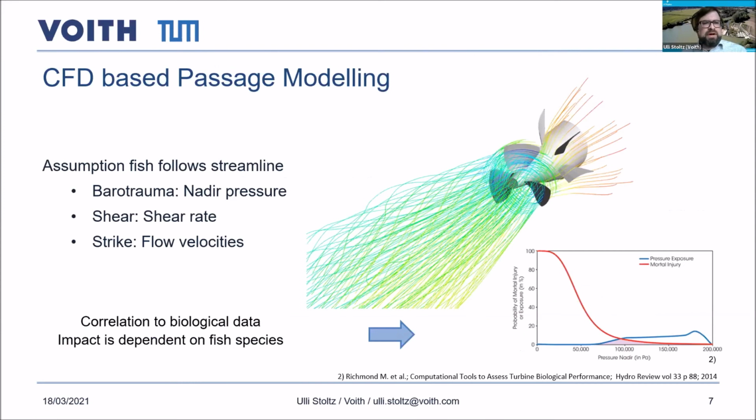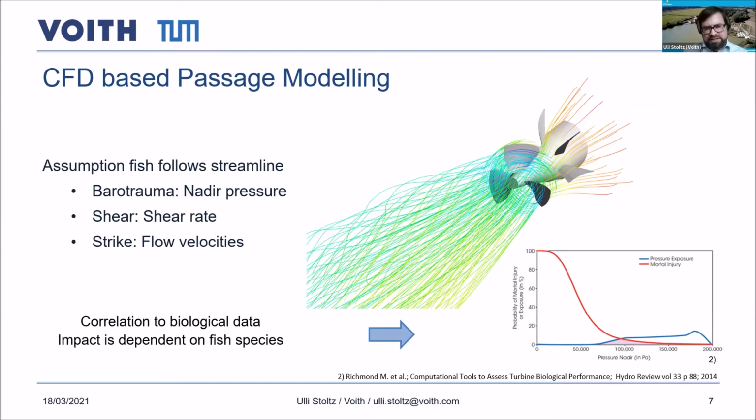Okay, now quickly, how does the CFD-based modeling work? Basically, a calculation of a turbine is made, and streamlines can be extracted. On these streamlines, assuming a fish is neutrally buoyant following the streamlines, the pressure, shear rate, and flow velocities can be extracted. Flow velocities are used for the strike modeling, and for the other values, the minimum value is extracted.